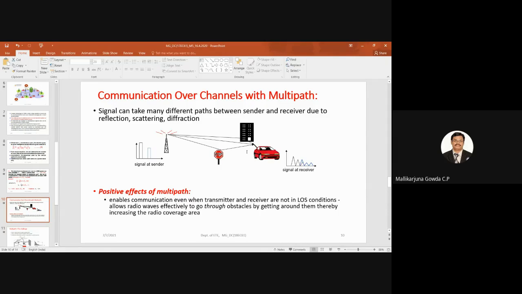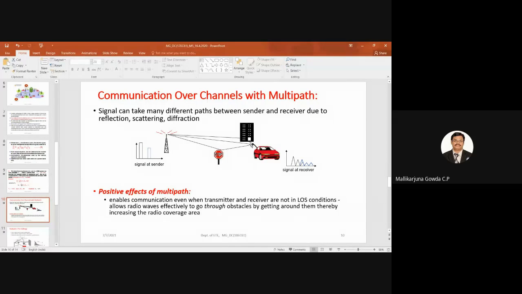From the base station, the signal will reach the receiver through different paths. This is one path, which we call the line of sight path. Another one is going, hitting this building and then reflecting back.